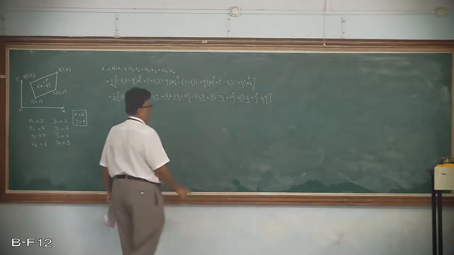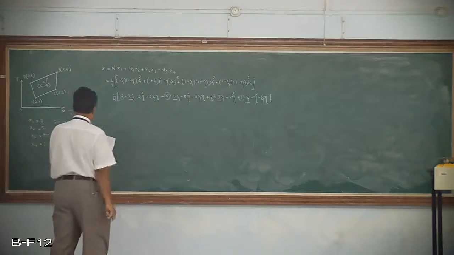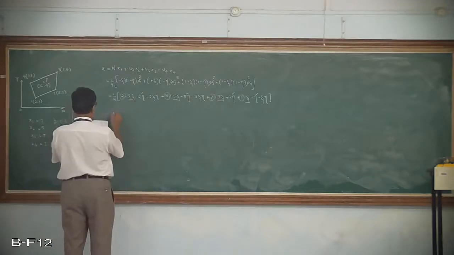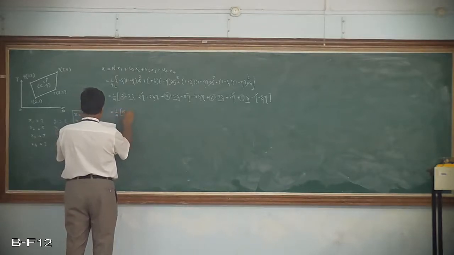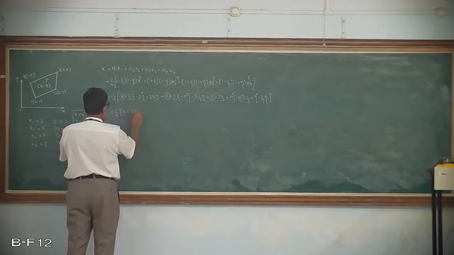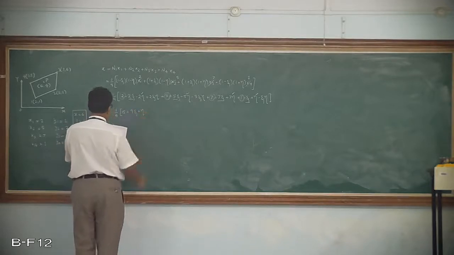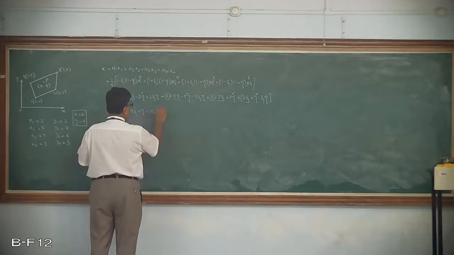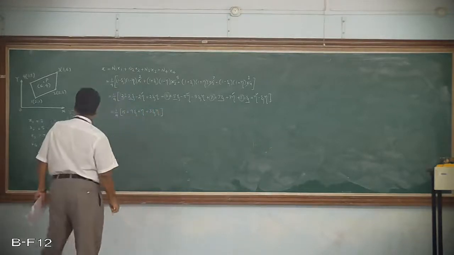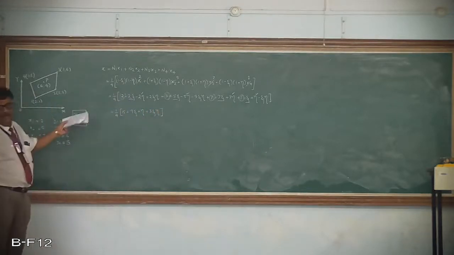So if you club them, what you finally get is 1 by 4 times (15 plus 9 zeta plus eta plus 3 zeta eta). But you already know that the value of x is given here, that is 6.